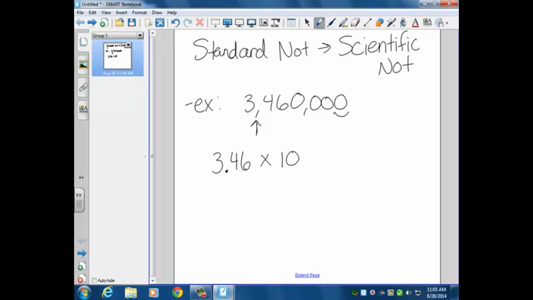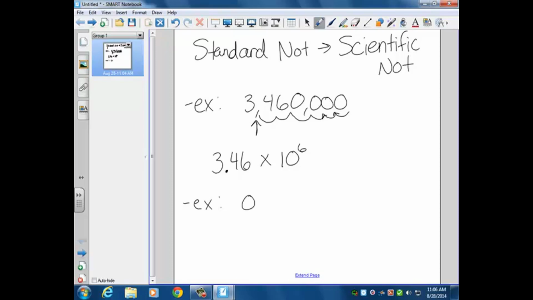So if I go this way, 1, 2, 3, 4, 5, 6, I moved the decimal 6 times to the left, so that means it's a positive 6. K went from 0, I kept going up by 1 up to 6. Also, remember I said if it's a really big number, it's going to be a positive k.